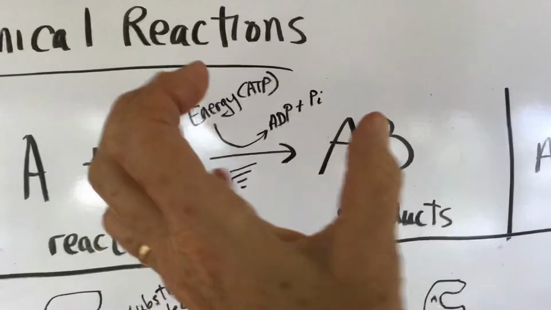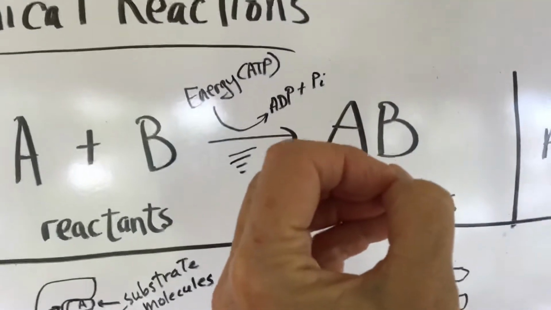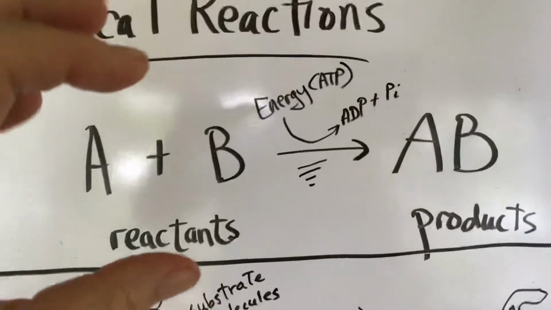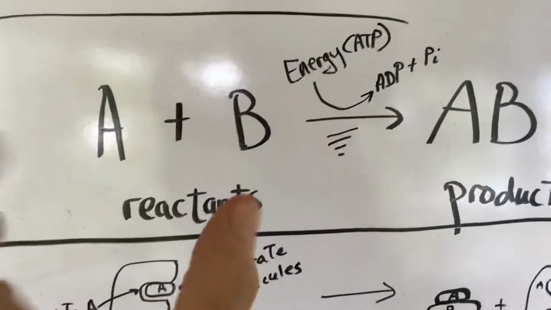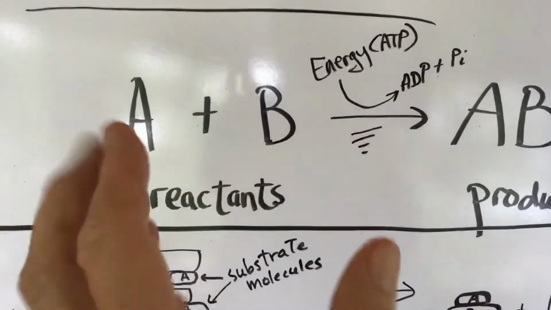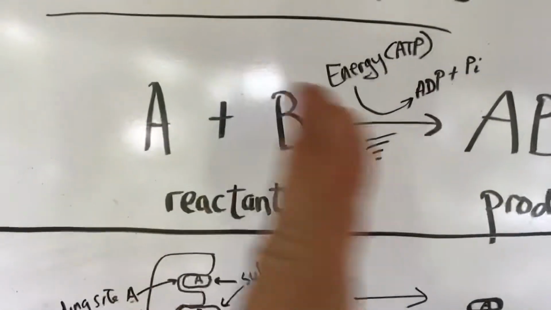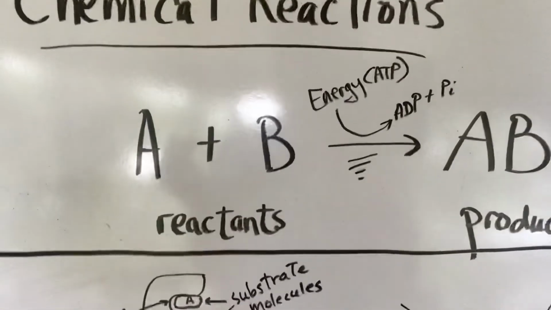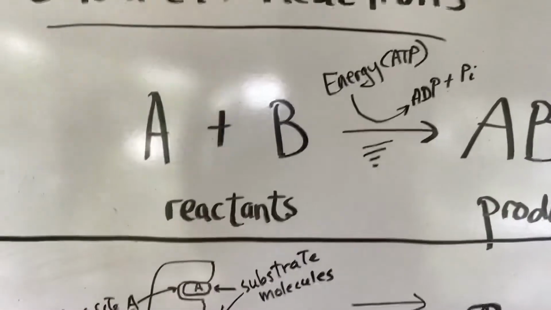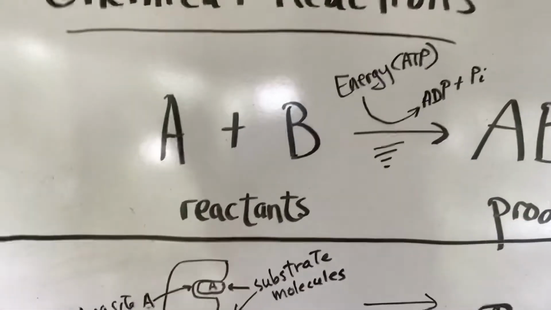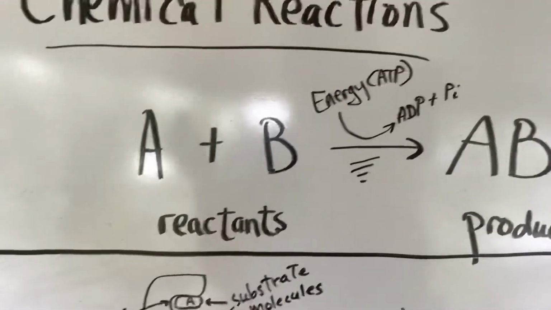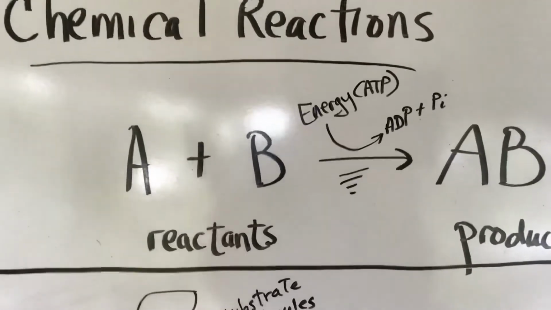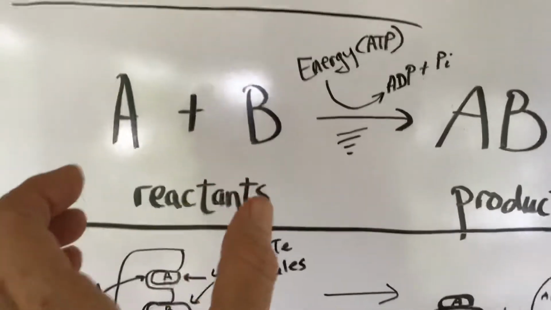As long as the energy is present, they will come together easily. So what the enzyme does is it's going to speed up the association of A and B. Just like in the salt water, it's speeding up the association of water molecules around the individual ions of sodium and chloride to dissolve salt in the water. So this is speeding up this association.